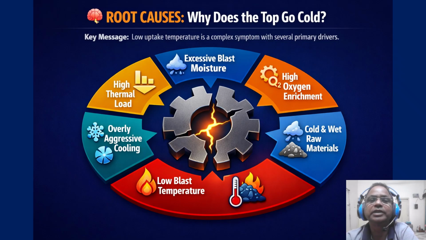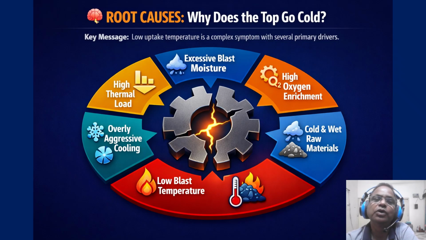Wet air consumes enormous heat as water vaporizes. Second, high oxygen enrichment. Every 1% increase in oxygen can drop top temperature by around 14 to 15 degrees centigrade. And third is the cold and wet raw material. If your burden enters cold, it absorbs heat before any reduction happens.